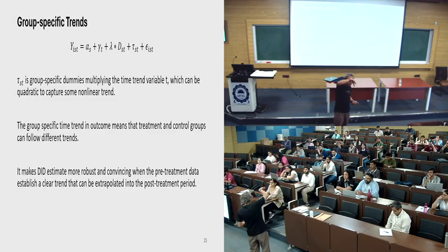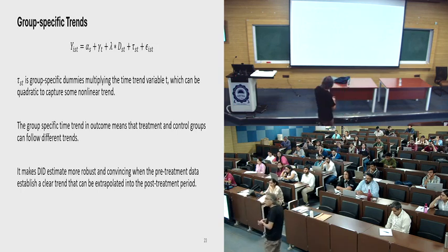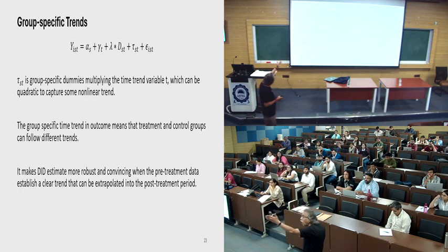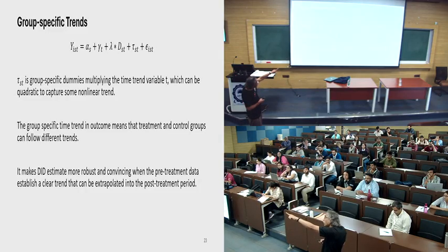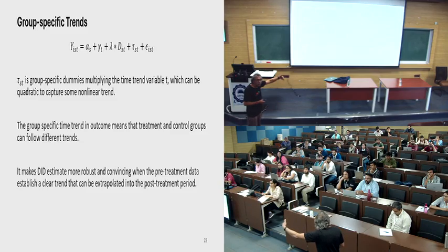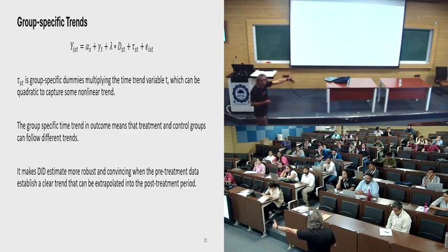This group is having here but with a different slope like this. But if I don't have the trend, I will have just the group specific intercept and they could differ. Then tau st in my notation is nothing but a group specific dummy multiplying by the time trend. So the notation captures what I was trying to think of. T times, actually you can think of T times the group specific dummies.